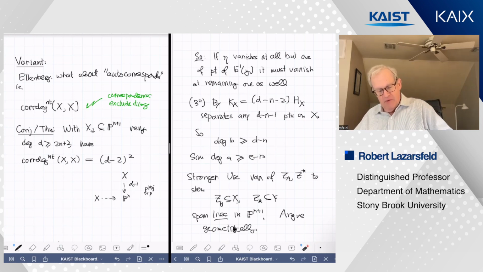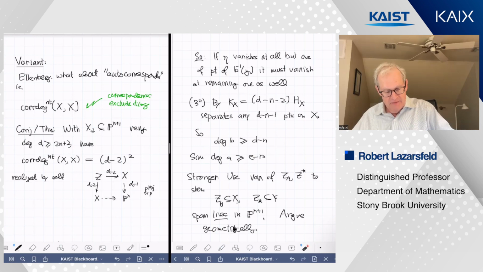The fiber product of a map with itself contains the diagonal as an irreducible component. So you throw away the diagonal, and then you get a correspondence Z which has degree d minus 2 in each direction. It's realized by the self product of projection from a point.